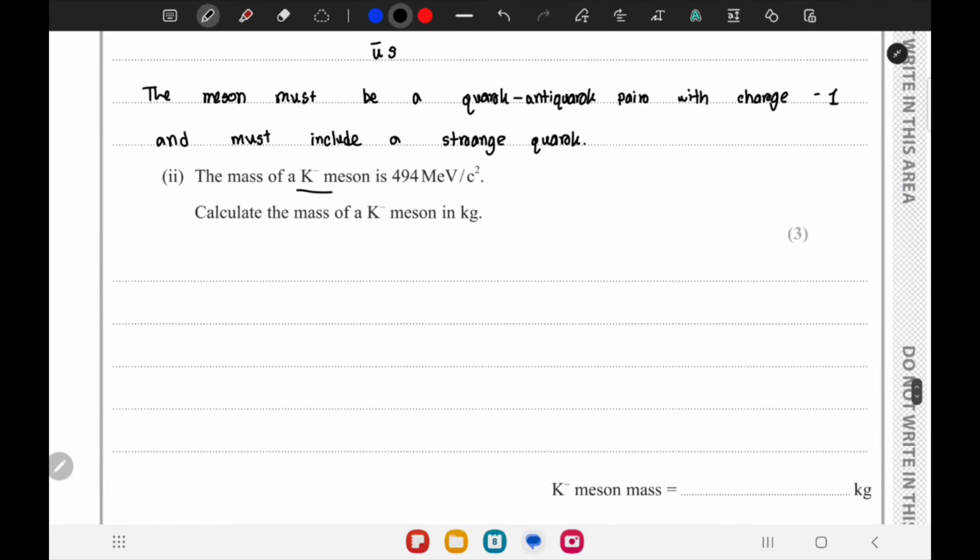Now we are given that the mass of a K minus meson is 494 MeV per c squared. We have to calculate the mass in kg. So 1 MeV per c squared basically means, if we go from the base, we know that energy is mc squared. So the change in energy can be written as the change in mass times c squared.